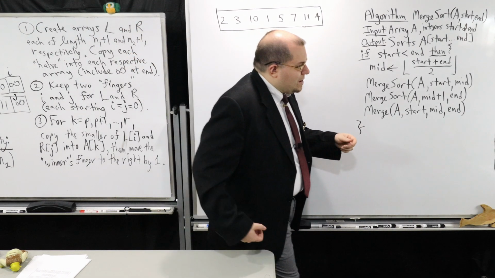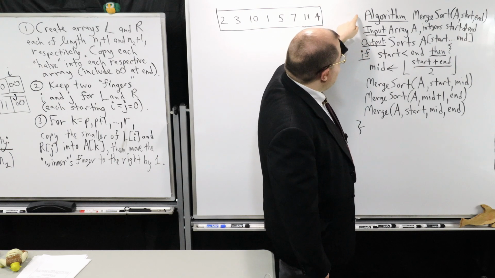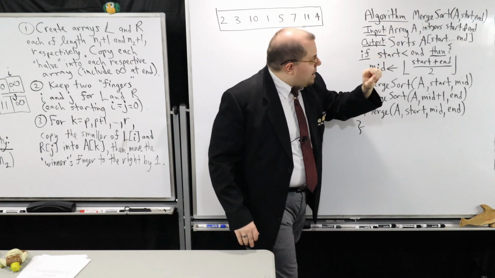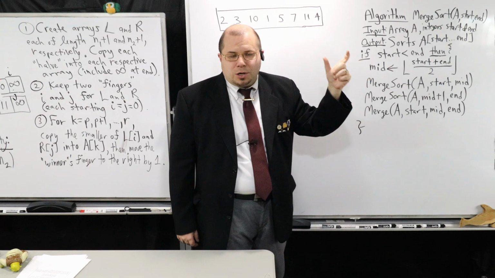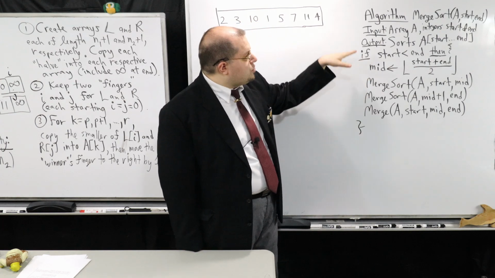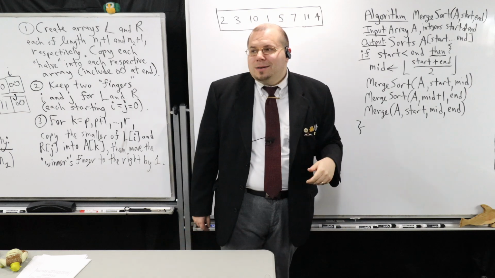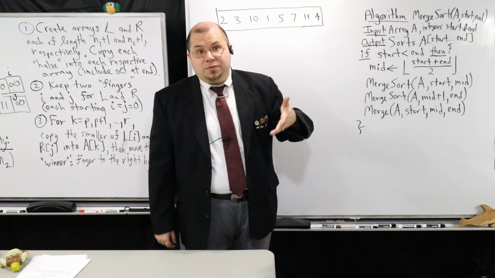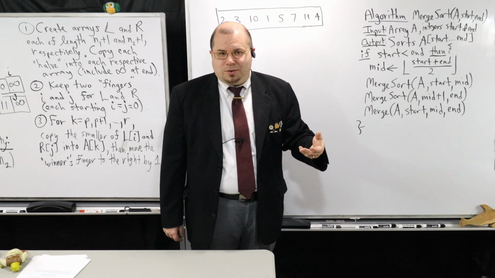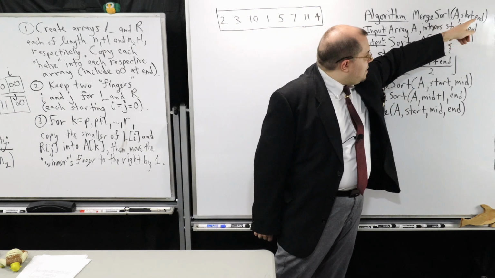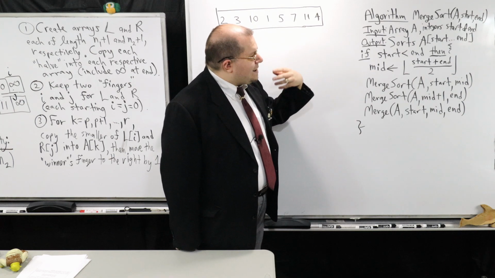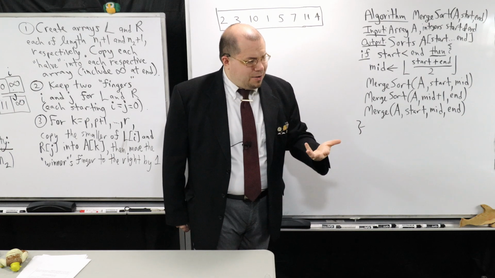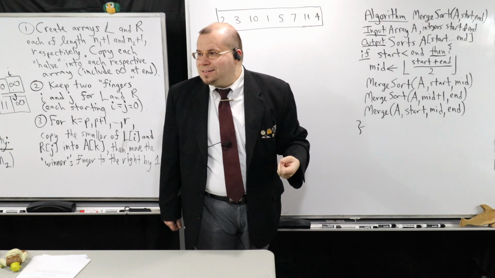So here's merge sort. It takes in as input the array A. It has two parameters, start and end, just like we had for the recursive version of quicksort. I didn't write down the driver function. It's the exact same parameters you would have for the driver function for quicksort, where you make start 0 and you make the end n-1. Some of this will remind you a little bit of binary search the first time you look at it.